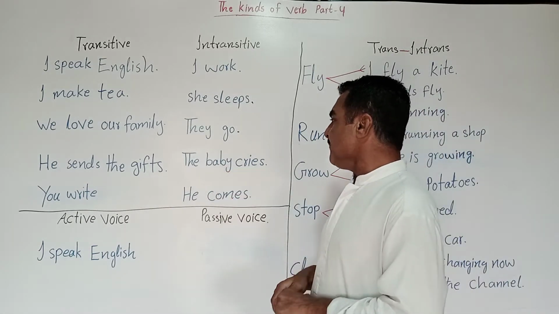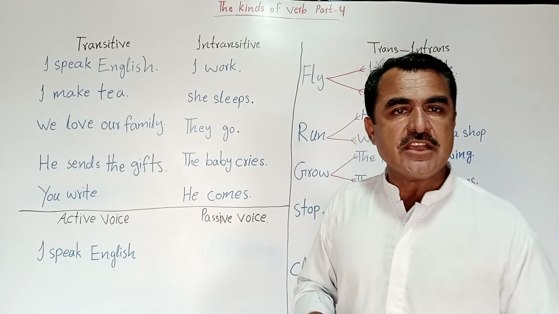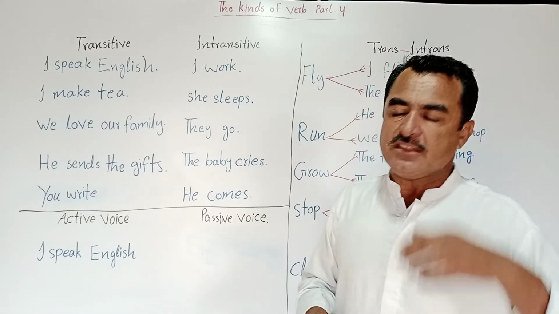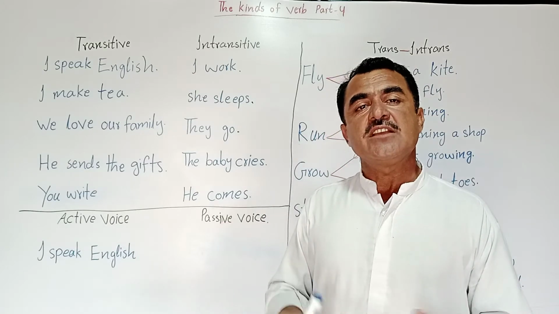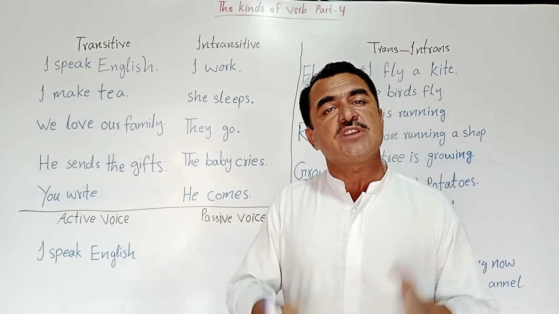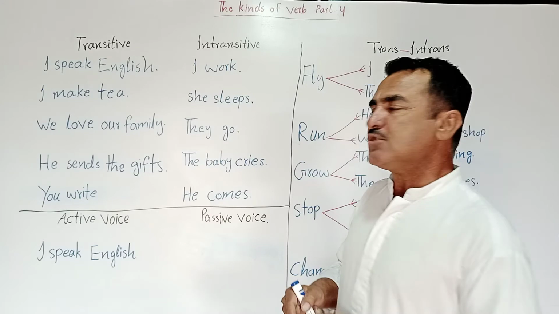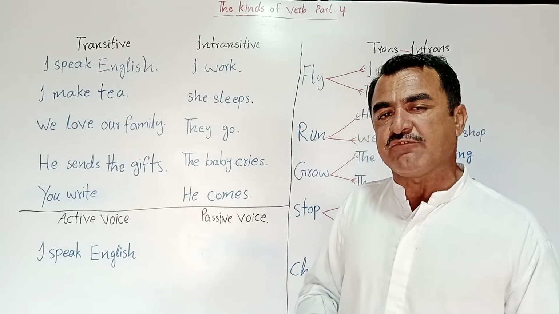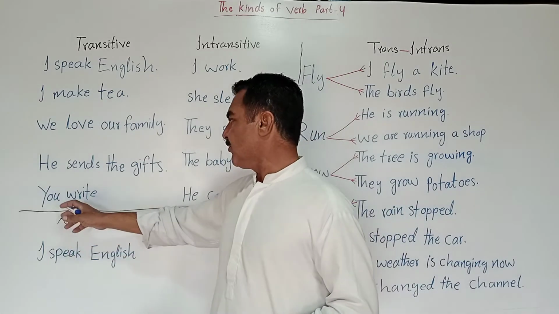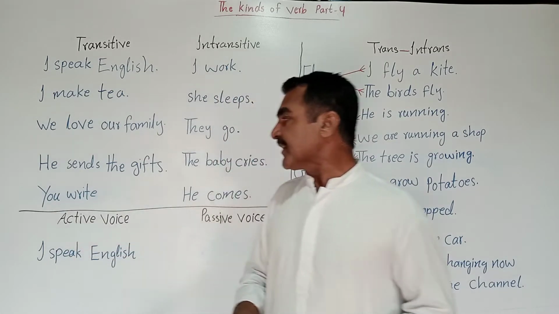Let's go to this sentence now. The baby cries. The baby cries what? The baby cries who? Nothing. Simply you can say the baby cries or the baby is crying. So this sentence is complete in itself. Let's go to the last sentence.